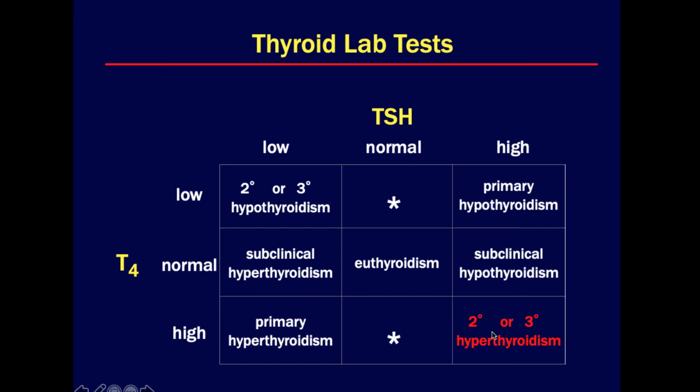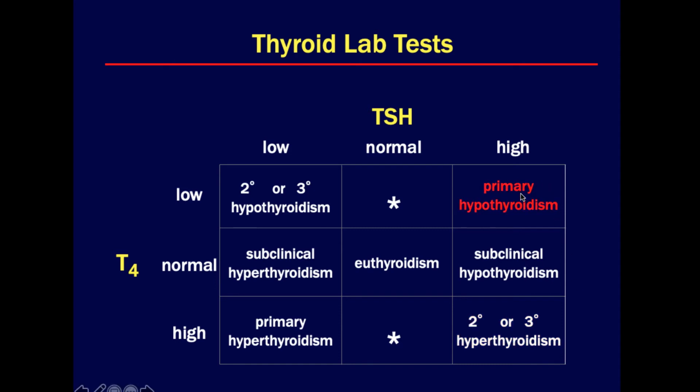If TSH levels are high and T4 levels are high, then what's going on is something is happening either at the pituitary or at the hypothalamus to drive both TSH and T4 levels up.